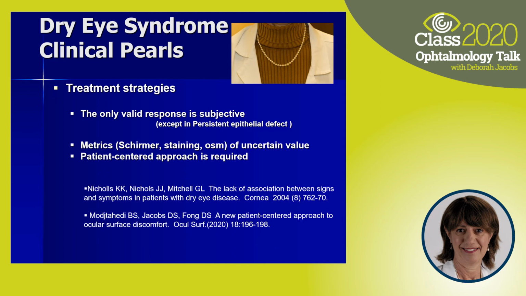I will say that I do use Schirmer test in my first encounter to assess how aqueous deficient the patient is. That is a justification for moving forward later with permanent punctal occlusion. But I do not use Schirmer to assess response to treatment.